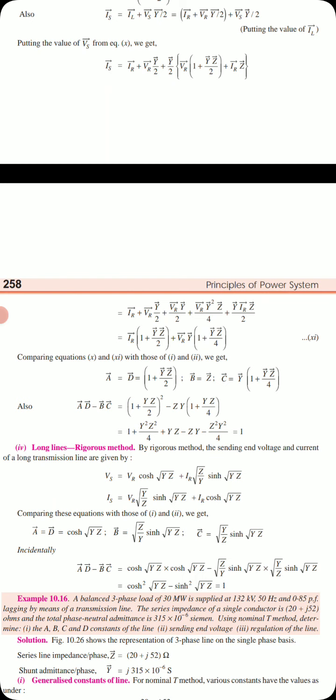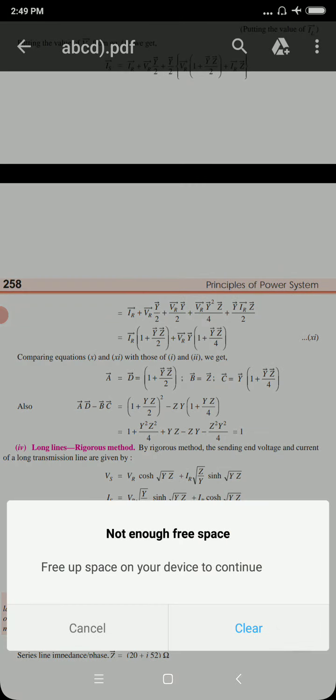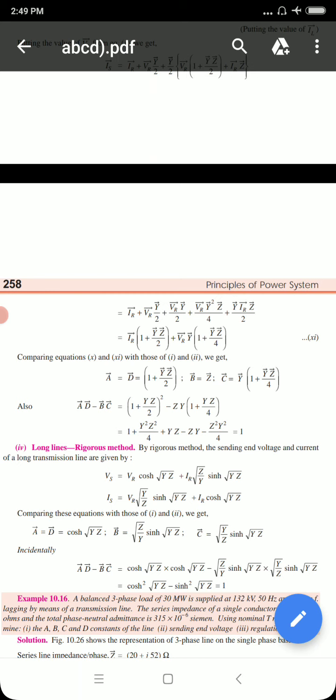Compare with the 1 and 2 equations, that is the Vs and IS equations. So A is equal to D as cosh of square root of YZ, B is square root of Z by Y into sinh of square root of YZ, and C is square root of Y by Z into sinh of square root of YZ. If you find AD minus BC, you will get 1.